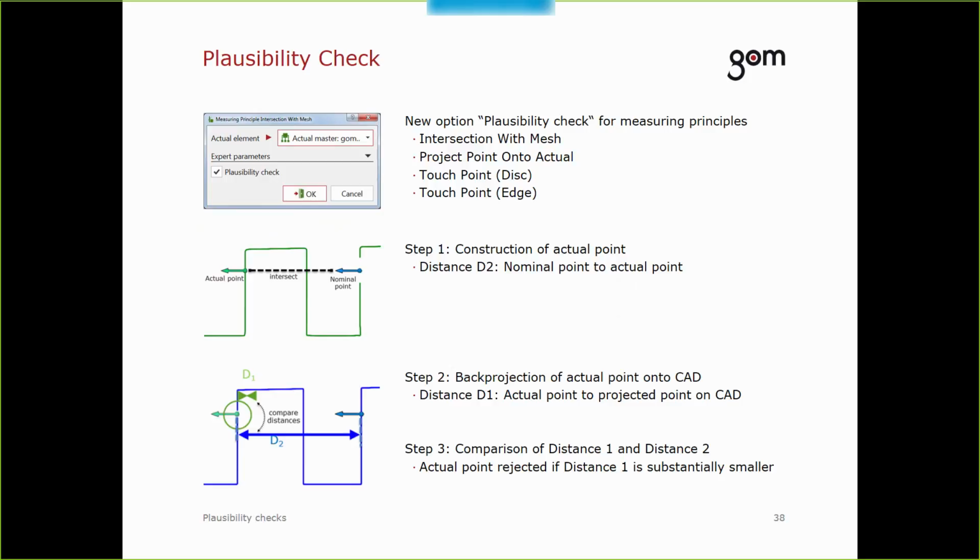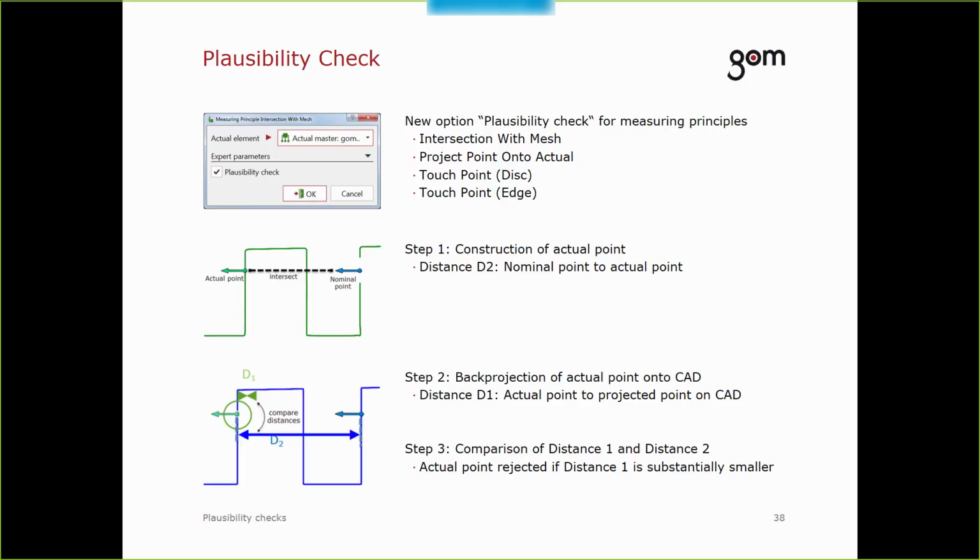The plausibility check is a new option available for some measuring principles, such as intersection with mesh, project point onto actual, touch point disk, and touch point edge. If you activate this option, the first step is the construction of the actual point. Then, the 3D distance between the actual and the nominal point is calculated.